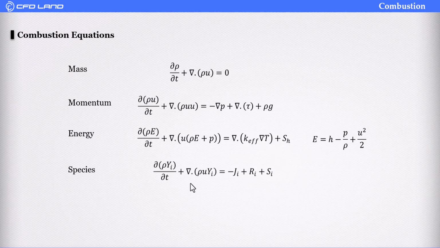In the species equation, we have a convection term, that is the transmission of chemical species as a result of the bulk motion of the fluid. And we have the diffusion term, which means a move from high concentration to a low concentration area.